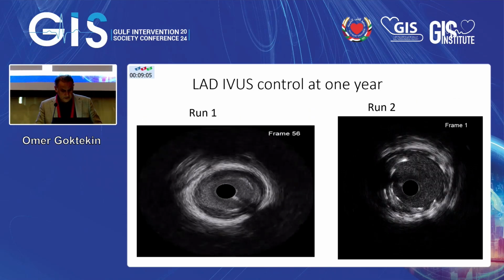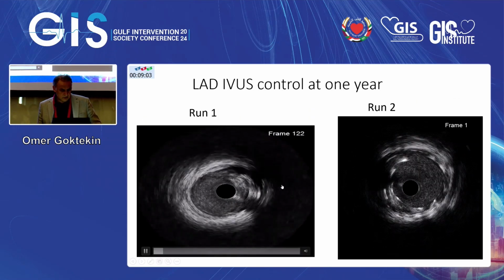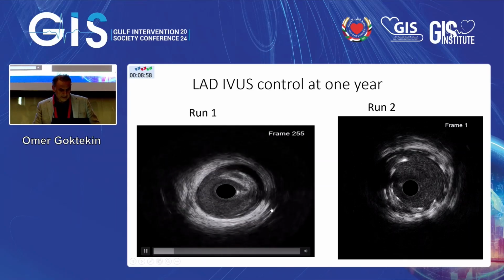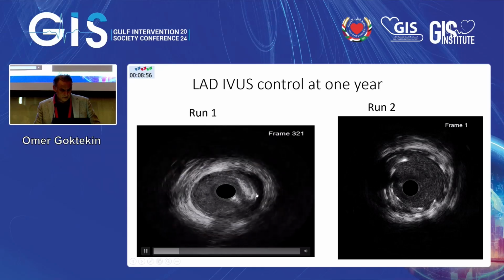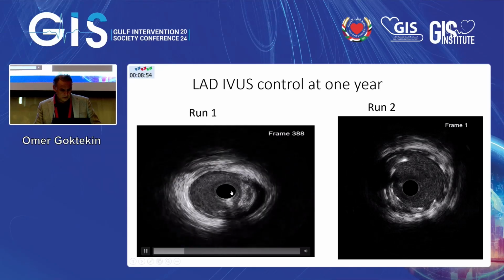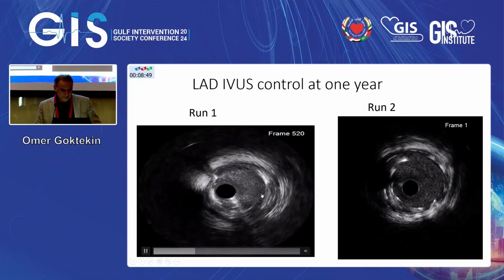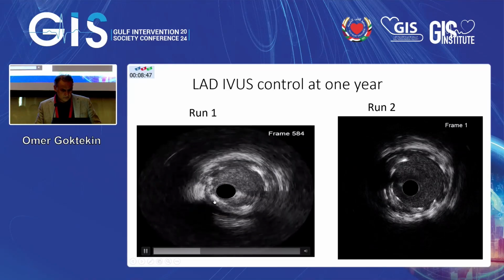This is the run first from distal to proximal. This is distal LAD. You have some plaque here, but it's fine. Lumen is good. And now we have the Bioadaptor.